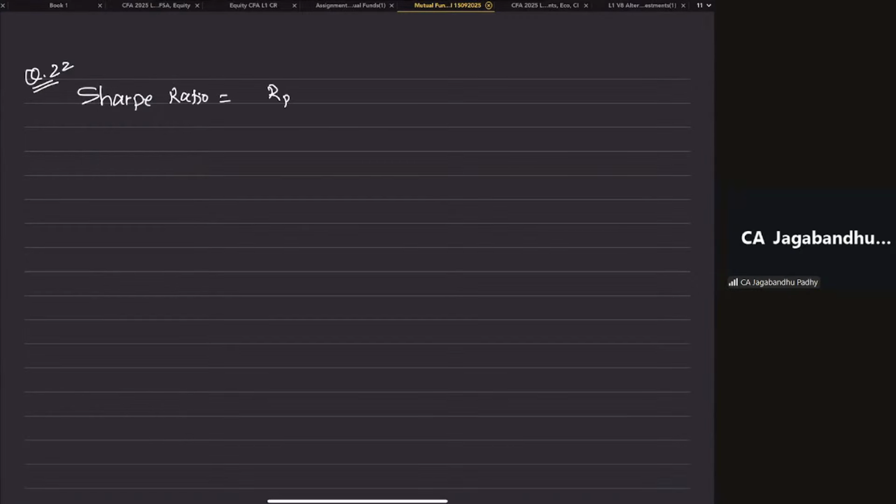Sharpe ratio was basically return of your portfolio minus risk-free divided by standard deviation, right? And what was the Treynor ratio? Treynor ratio is return of portfolio minus risk-free upon beta.